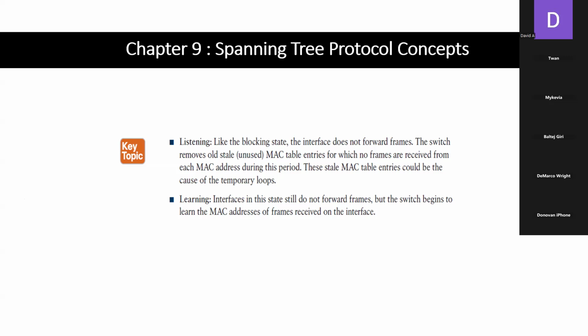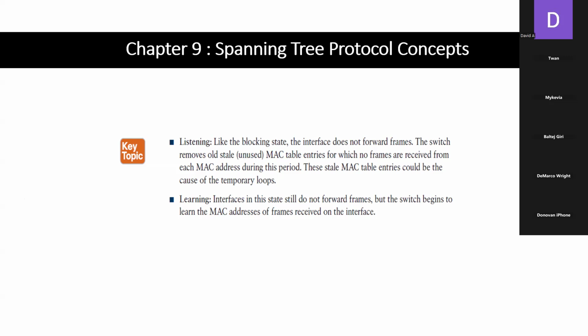I want you guys to take a look at what that is. So listening: like the blocking state, the interface does not forward frames. The switch removes old, stale, unused MAC address table entries for which no frames are received from each MAC address during this period. These stale MAC address table entries could be the cause of temporary loops.